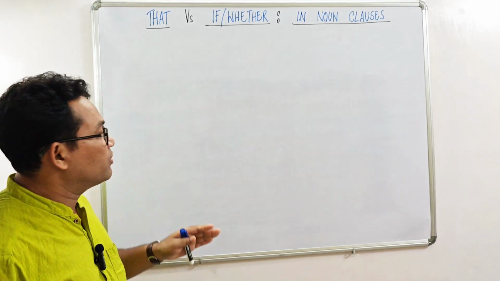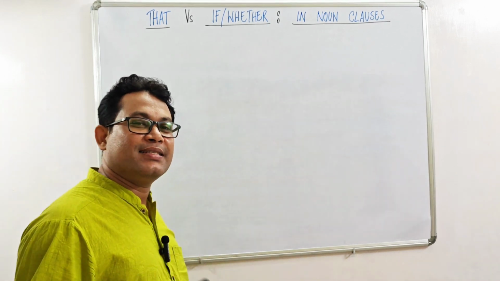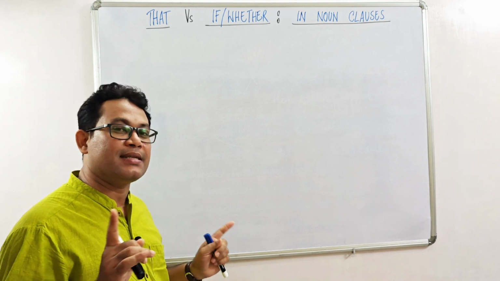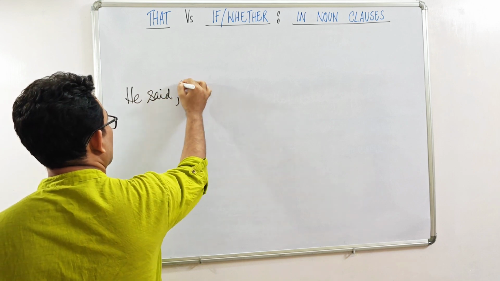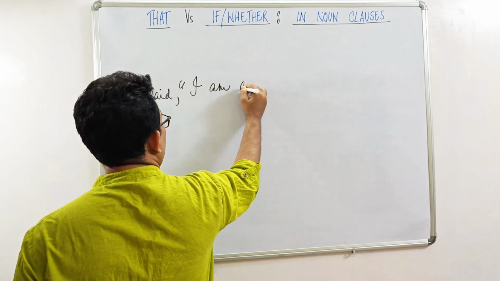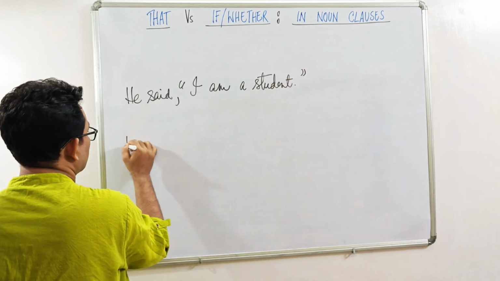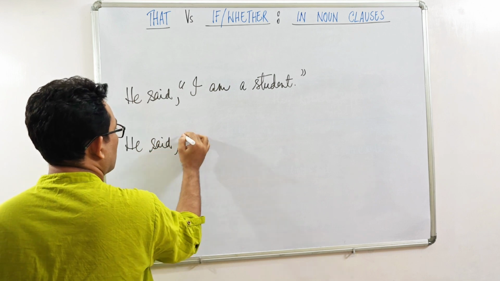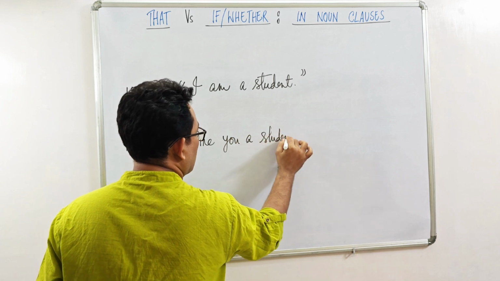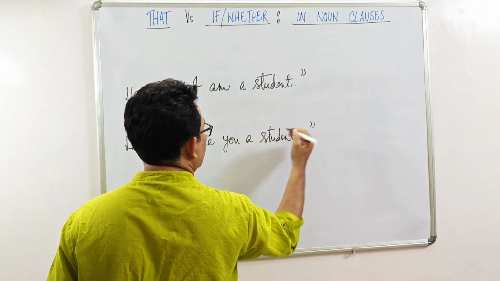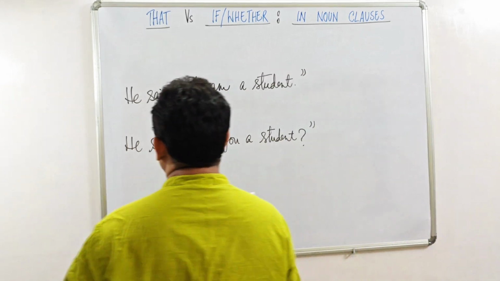Alright then, so in order to find out the true nature of that and if or whether in noun clauses, let us encounter two situations of direct narrations, like now, if we convert these direct speeches into indirect, we know the answers.